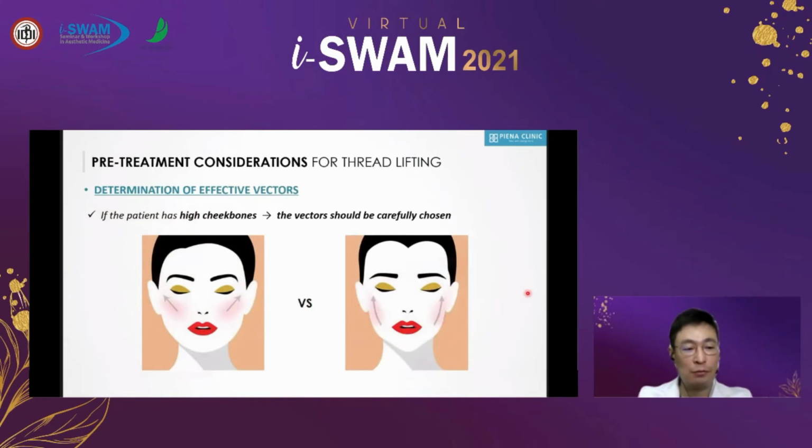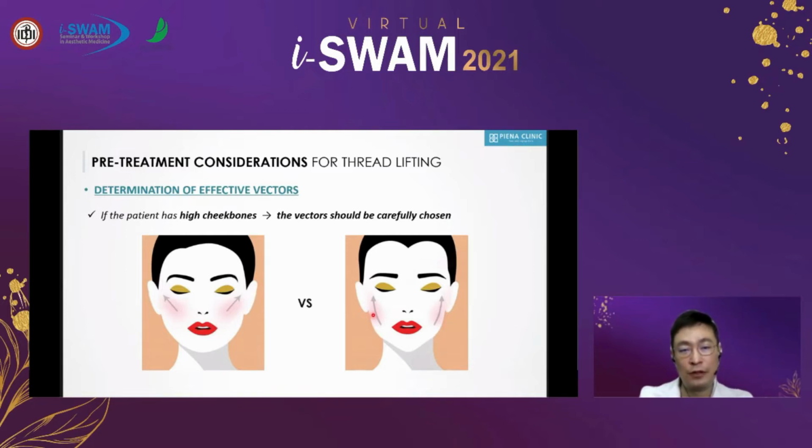And also, many young Asians have a more pronounced lateral part of the cheek because of the high cheekbone. So using this vector may make a more widened cheekbone after the lifting. So you should be very careful not to use this direction.